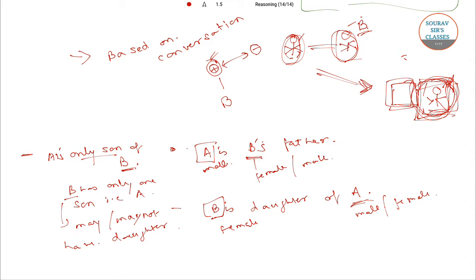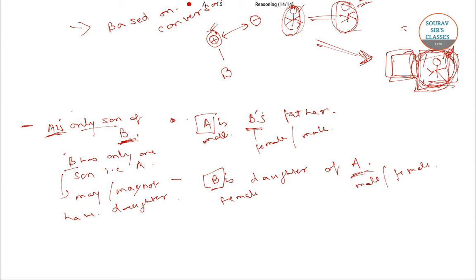So if it is said that A is the only son of B, then the only thing we can certainly say is that A is the only son, but that does not mean that A is the only child. B can have other children, but all of them would be females. That is, all the other children of B would be his daughters.